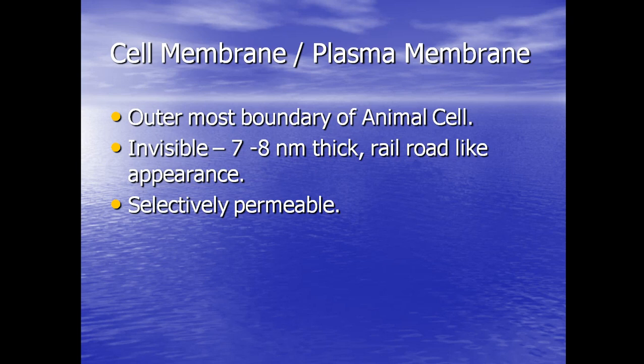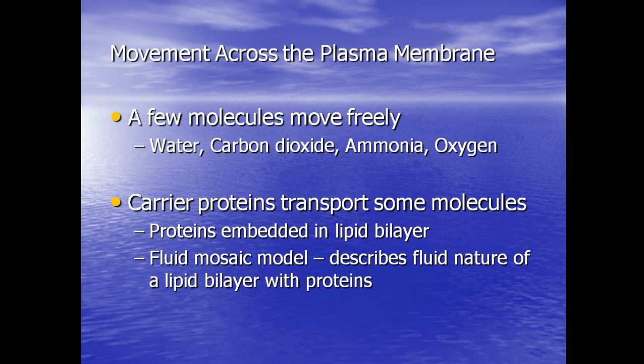It is very selective as far as permeability is concerned. That's why it is known as a selectively permeable membrane, because a few molecules move very freely through the plasma membrane. For example, water, carbon dioxide, ammonia, and oxygen, almost all gases, without any hindrance, can move across this plasma membrane from inside to outside and outside to inside.